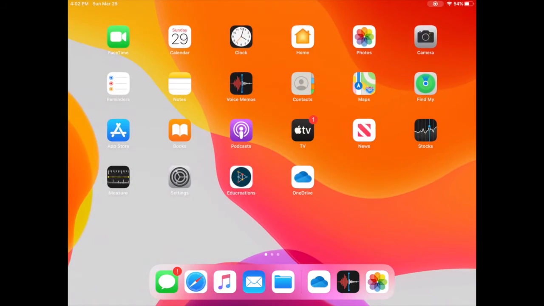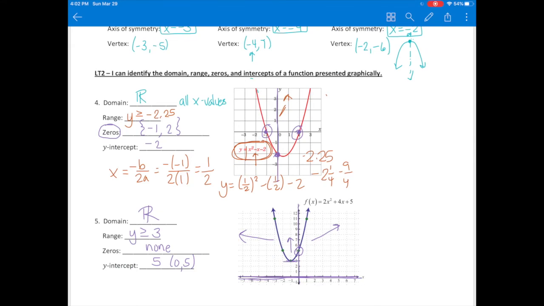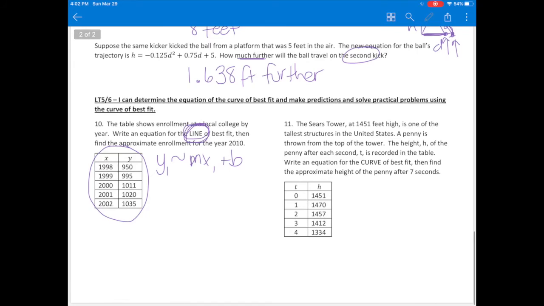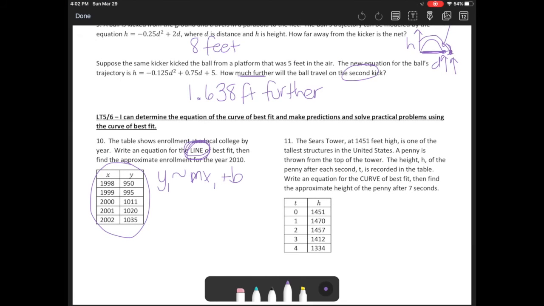So let's go back to the page. Write an equation, so that's y equals 19.5x minus 37997.8.